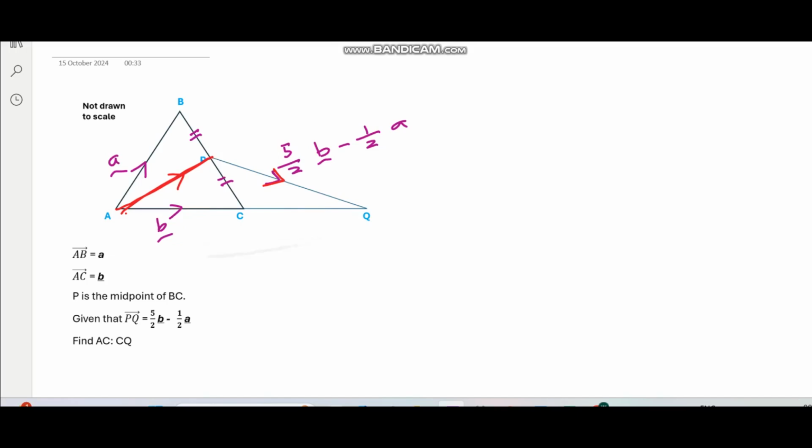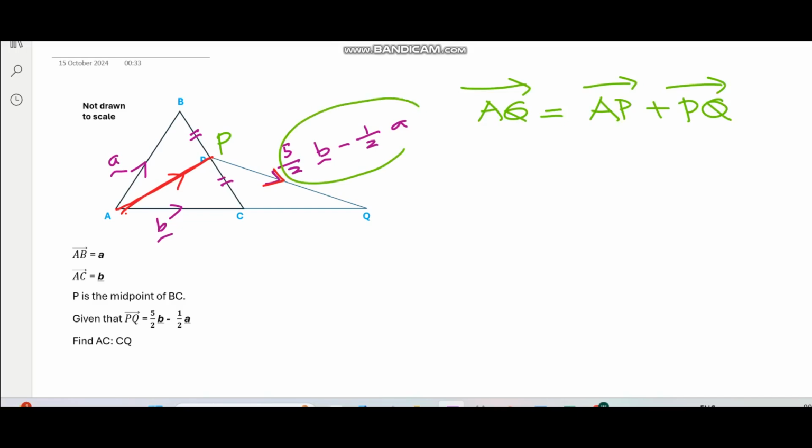So, like I said, we're going to find AP. So AQ actually is equal to AP plus PQ. PQ is already in terms of A and B, so we are happy with that.